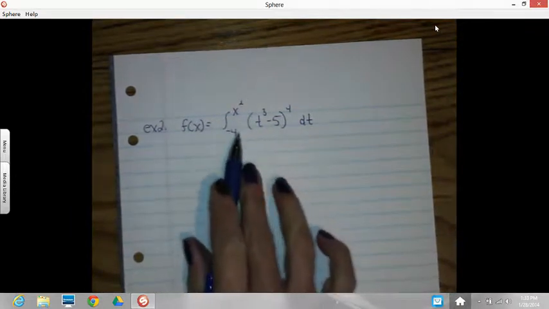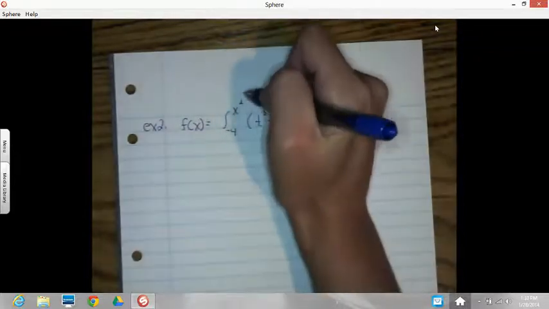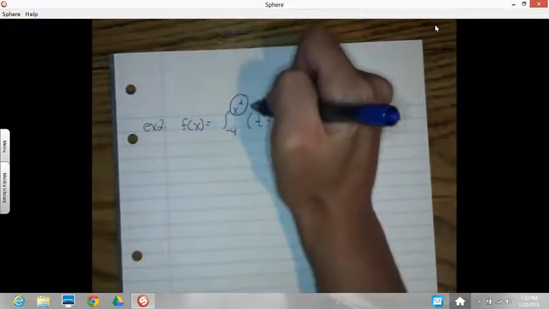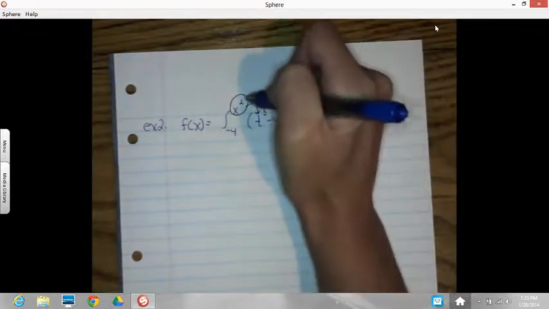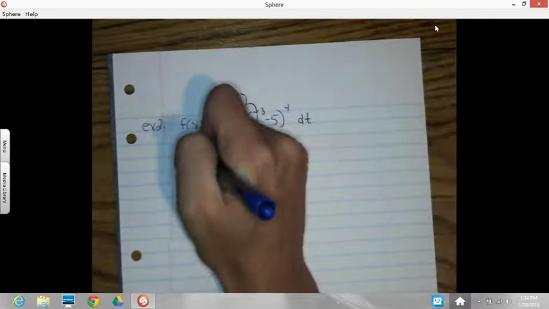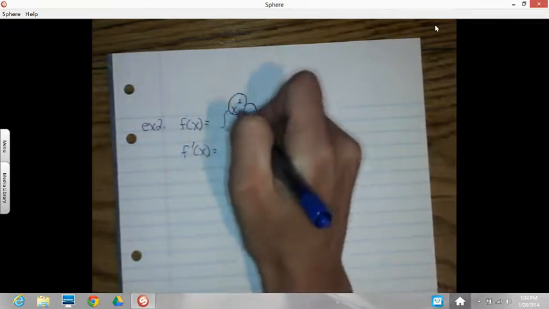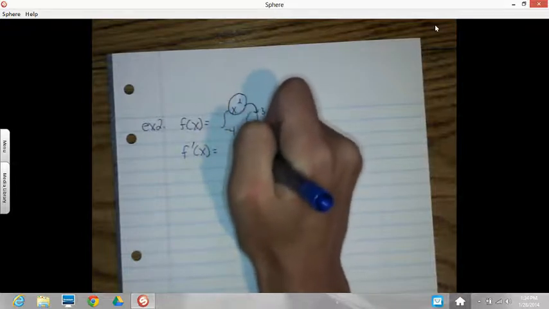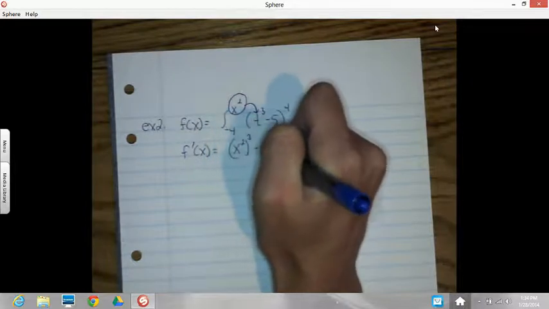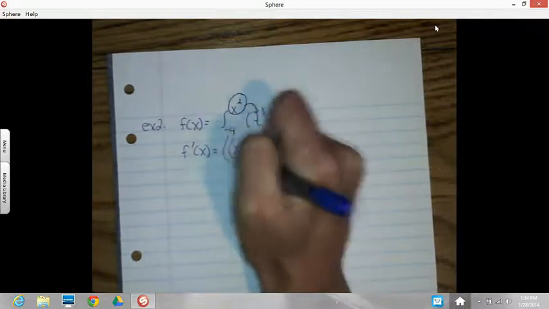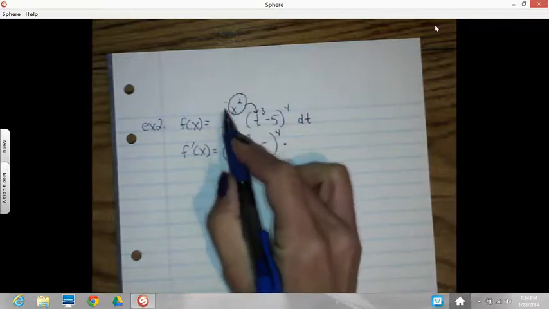I could go through the antiderivative and then do the derivative, but I don't need to. I've got a shortcut. My shortcut says take this, substitute it in for all of the t's, there's only one t here, and then multiply by the derivative of this. So f prime of x will equal, instead of t, it's now x squared, but that's got to get cubed, minus 5, and then that whole grouping to the 4th, times the derivative of this upper boundary, which is 2x.